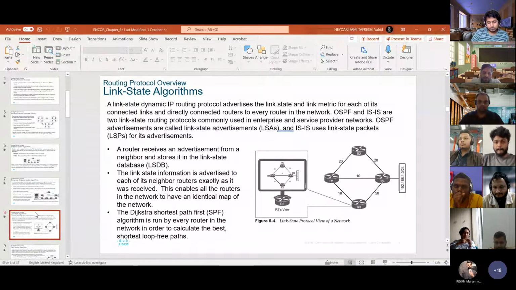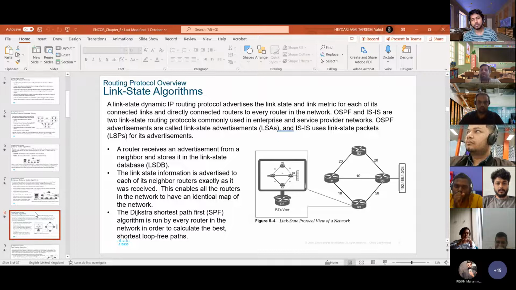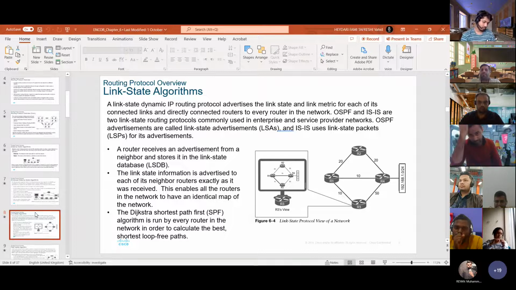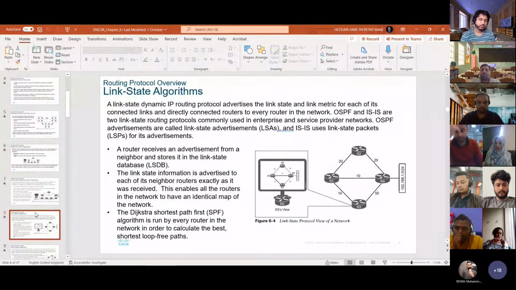Dijkstra, I already told you, is run by every router and calculates the best path, which with OSPF happens to be the shortest path. And as I said before with EIGRP, RIP, and BGP, all these best paths must be loop free as well.